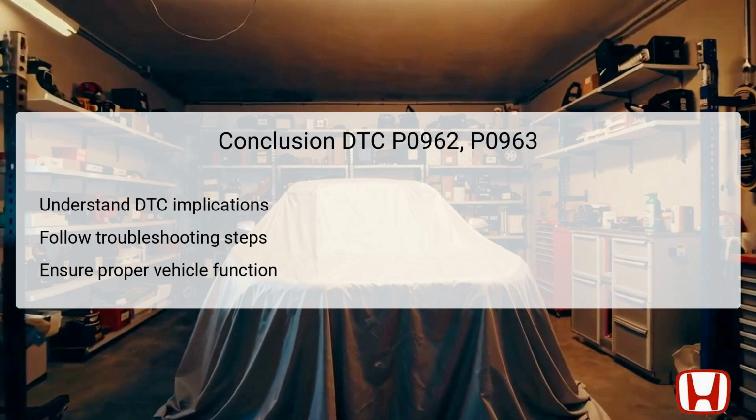Whether it's a wiring issue, a faulty solenoid valve, or a defective TCM, the steps outlined in this guide offer a clear path towards verifying repairs and ensuring that the vehicle functions properly. Taking proactive measures in preventive maintenance will further help reduce the likelihood of these issues recurring in the future, promoting longevity and performance for your Honda Accord.